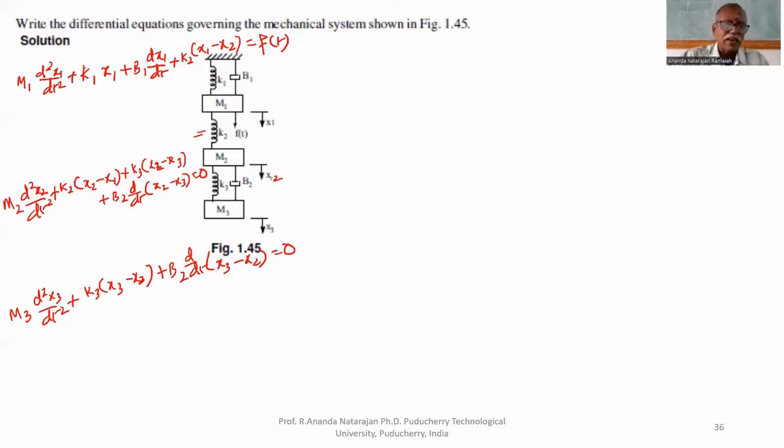What is the analogous electrical system? M should be replaced by L1.